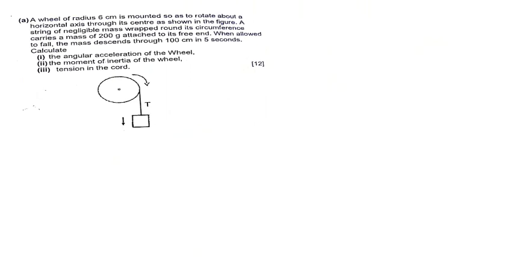When allowed to fall, the mass descends through 100 centimeters in 5 seconds. Calculate part A, the angular acceleration of the wheel. Then part B, they are saying we should calculate the moment of inertia of the wheel and the tension in the cord.